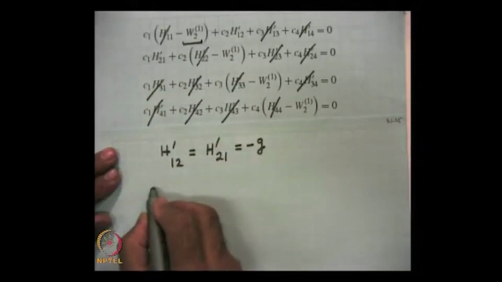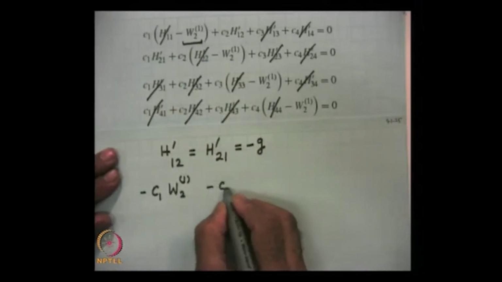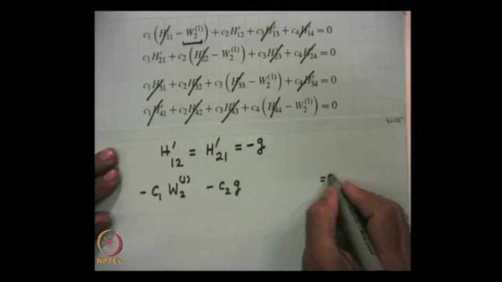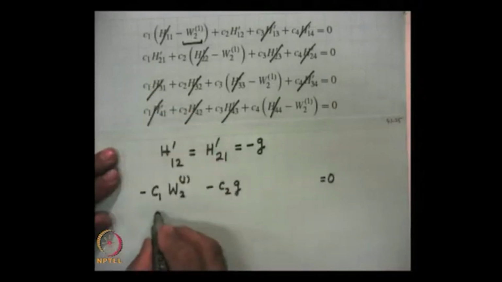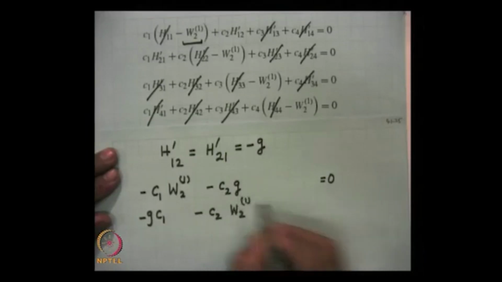So, please see these 4 equations simplify to C1 times minus W 2 1, this is the first term, minus C2 G plus 0 plus 0, and this is equal to 0. The second term is C1 times minus G minus C2 W 2 1, and this is equal to 0.